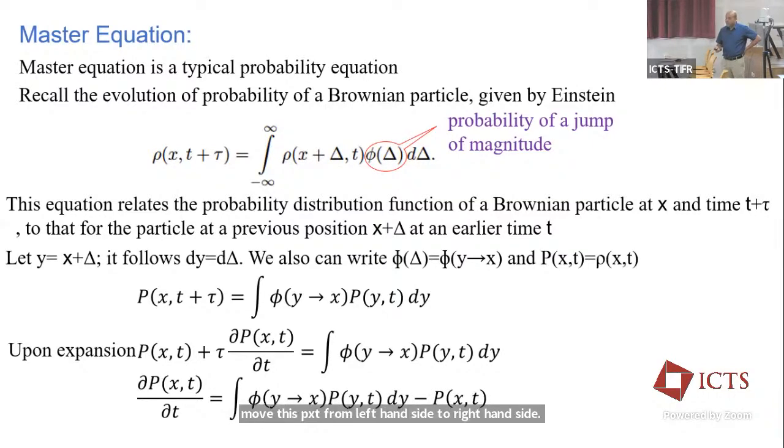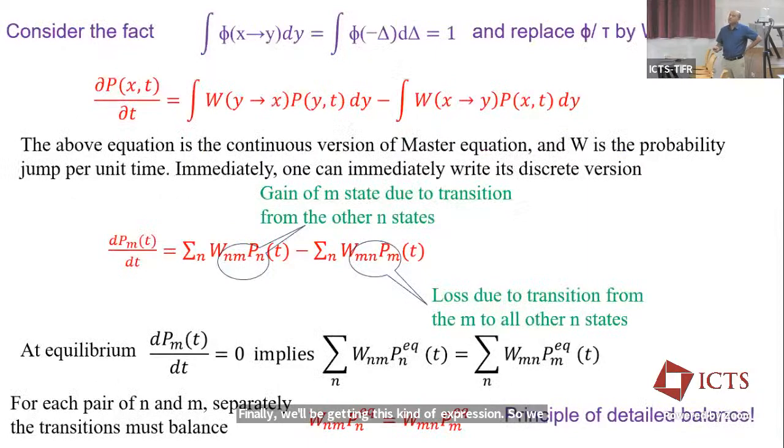So we know another fact, that phi of x to y, the transition from the current location to the previous location, is the opposite of that phi delta. So that's why it is phi of minus delta, and we know the integral of that one. Because phi delta is symmetric, ultimately the integral of that one will always be 1.